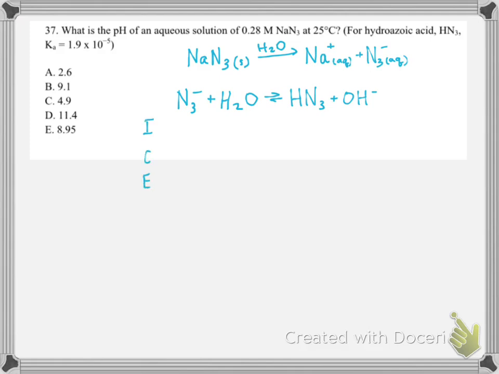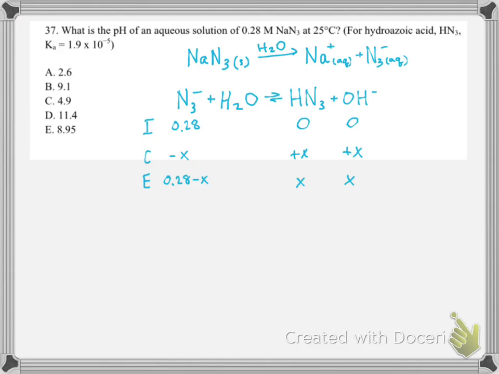So they tell us we have 0.28 molar of the azide, minus X of 0.28 minus X. We'll have 0 of these to begin with, plus X, and we'll have XX.